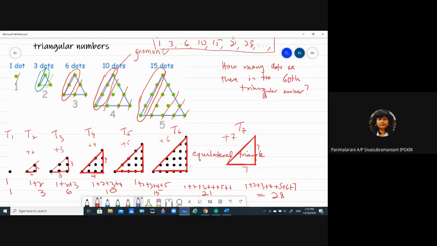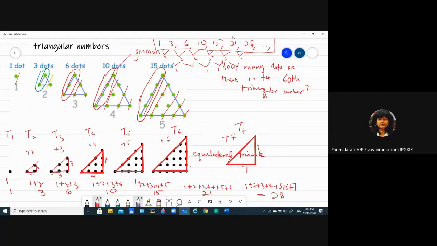What do we add here? Plus 1, plus 2, right? Here we plus 3, here we plus 4, here we plus 5, here we plus 6, here we plus 7. And if you look at the second difference, 3 minus 2 is 1, 4 minus 3 is 1, 5 minus 4 is 1. So we know that there is a regular pattern here.